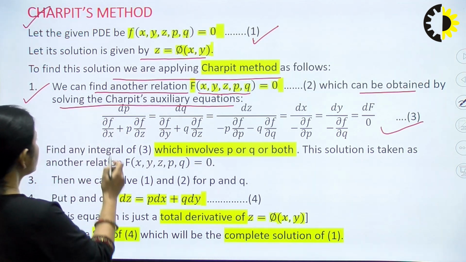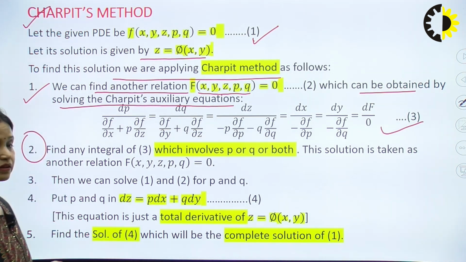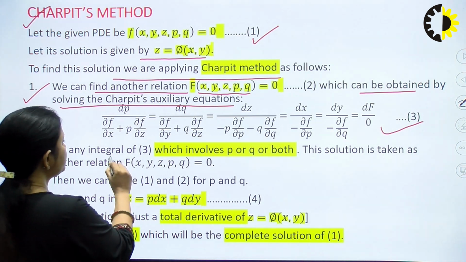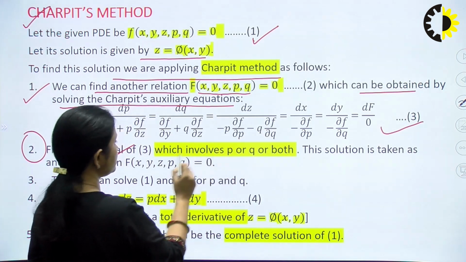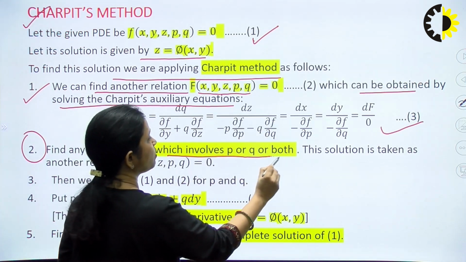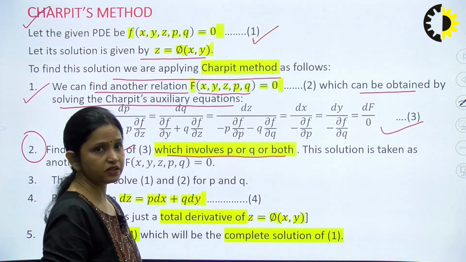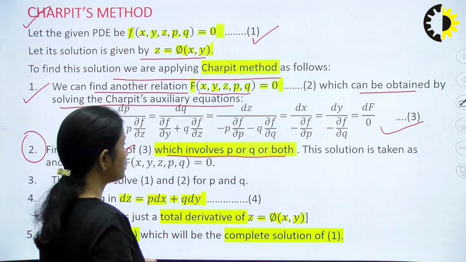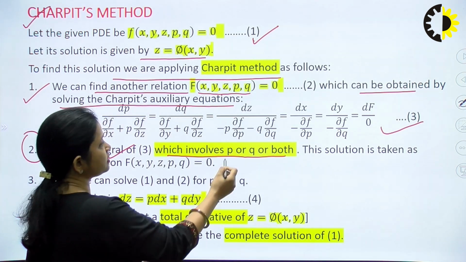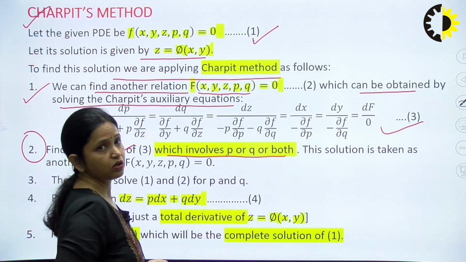Now, come to the second step. Here, we will find a solution of equation 3 which involves p or q or both. This is a necessary condition to apply Charpit's method. We have to find a solution which must contain p or q or both.